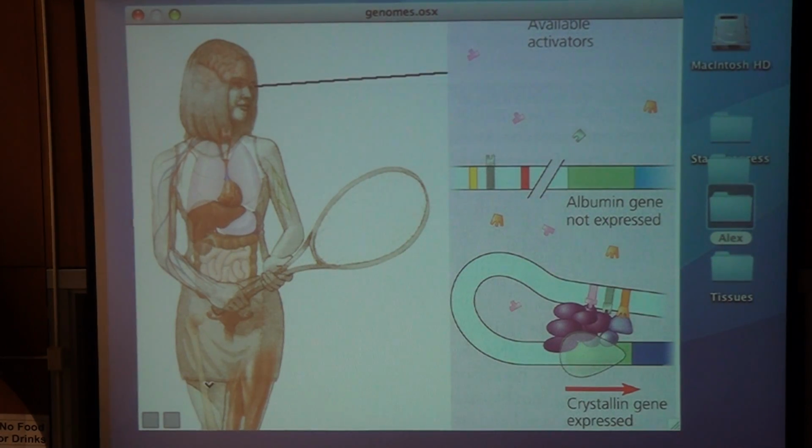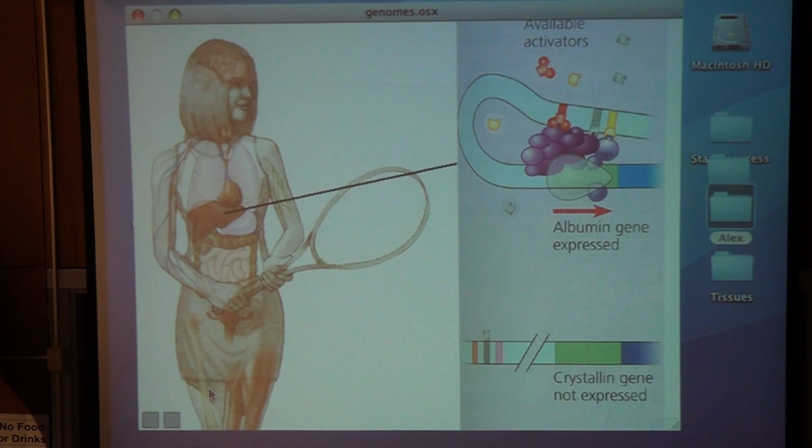In your eyeball, in those cells, they have the activator proteins to bind to the control elements of the crystalline gene, but they don't have all the right activator proteins to bind to the control elements of the albumin gene, so it just simply doesn't get expressed, but the crystalline gene does. And in the liver cells, it's the opposite situation.